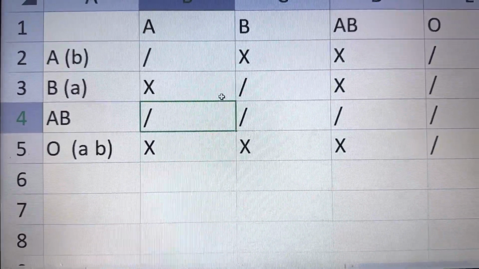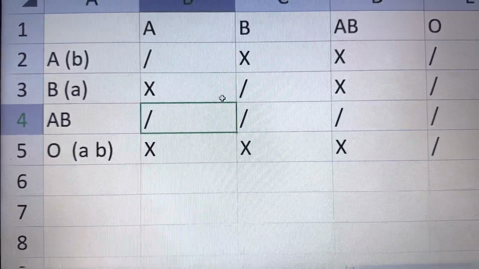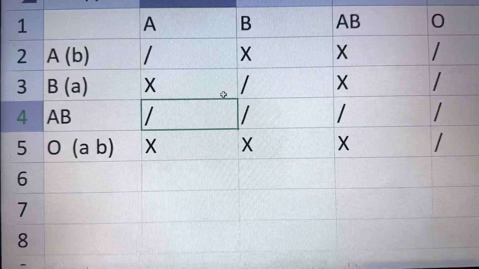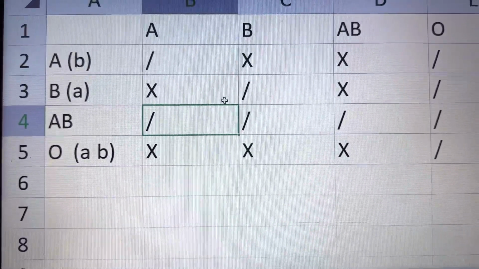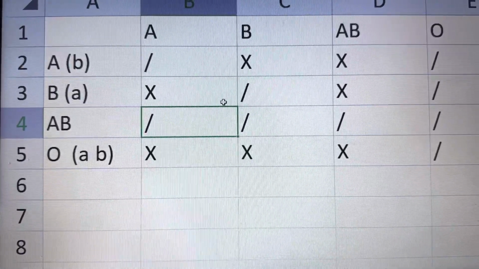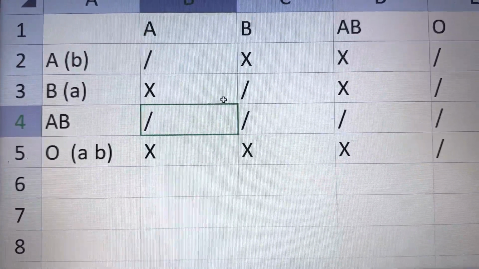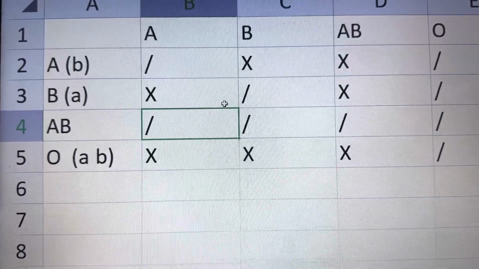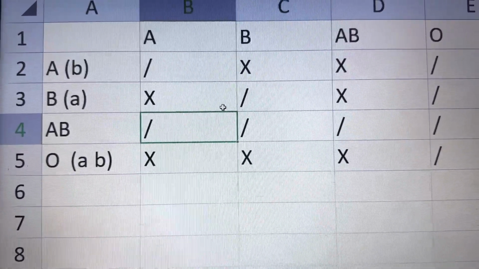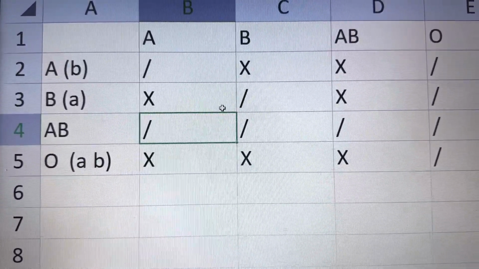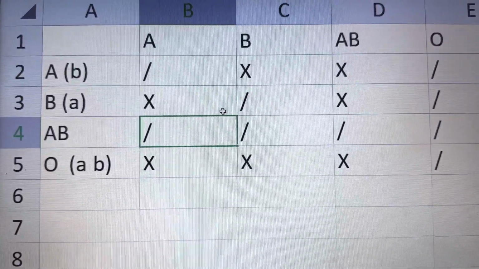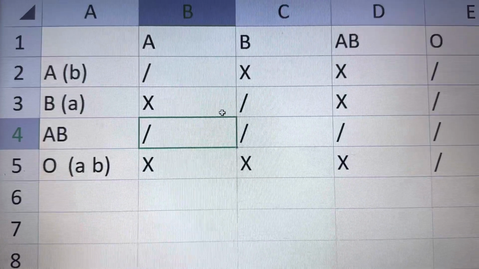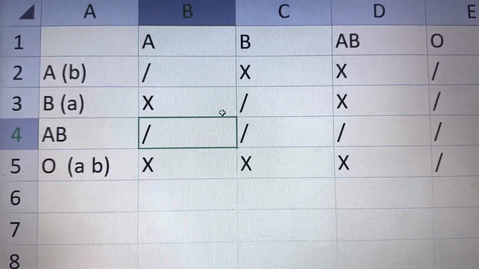This is because the recipient with blood group O has A and B antibodies, while the donor with blood group A has A antigen. The A antibody in the O blood group will correspond to the A antigen in the donor with blood group A. So there will be no blood transfusion.